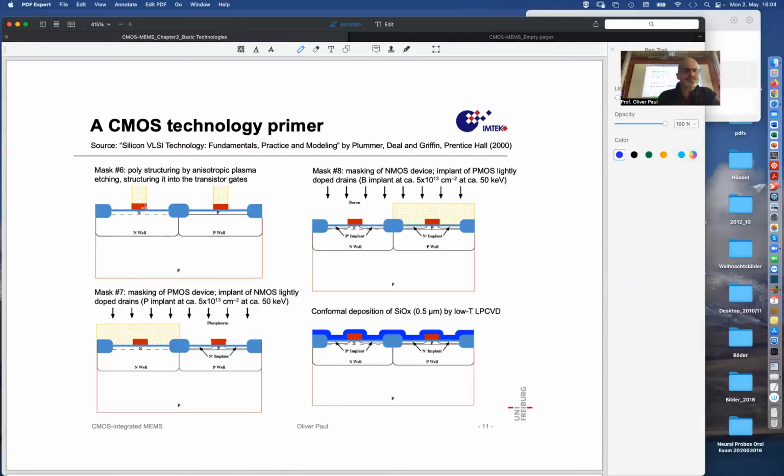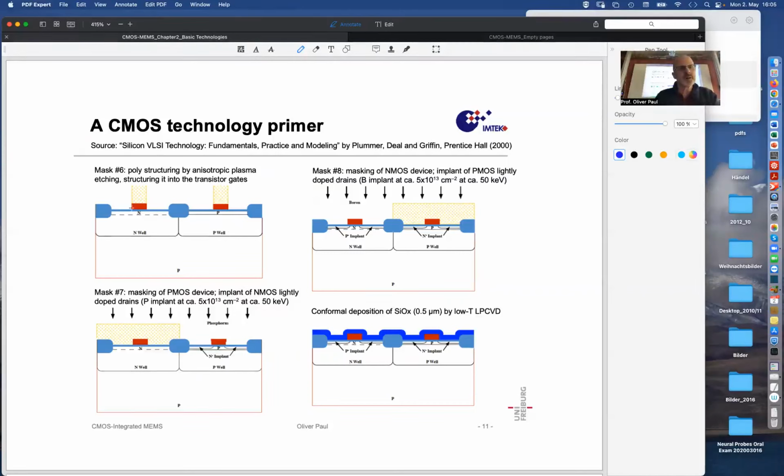And the structuring requires another photolithography mask, which is indicated here by the structured photoresist in yellow. Photoresist isn't usually yellow, it's more reddish, and polysilicon isn't red either in reality. It is some kind of grayish layer, but here it's indicated in these colors.